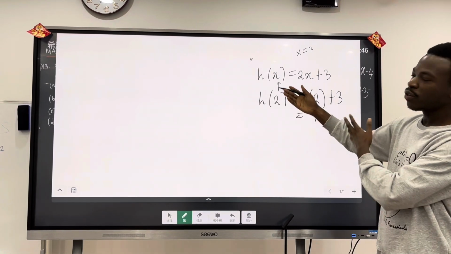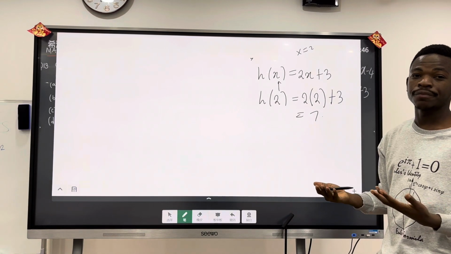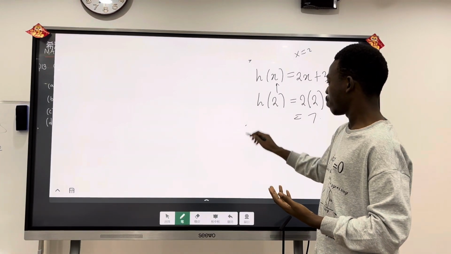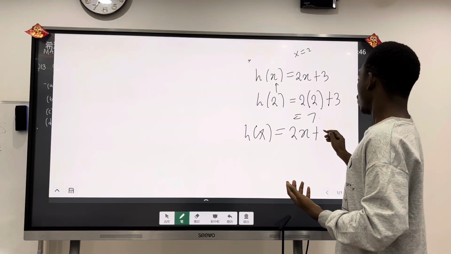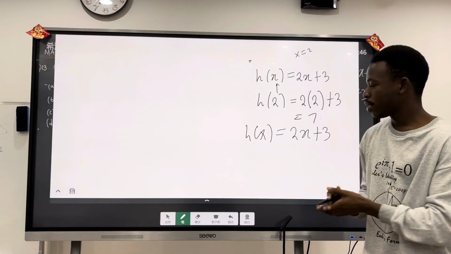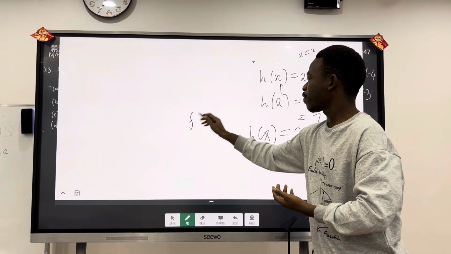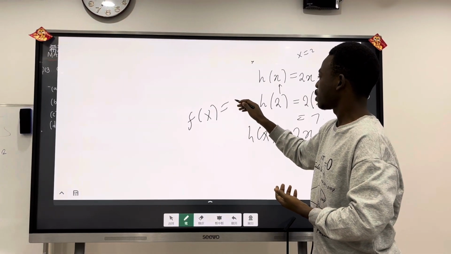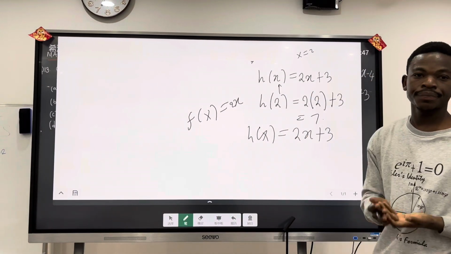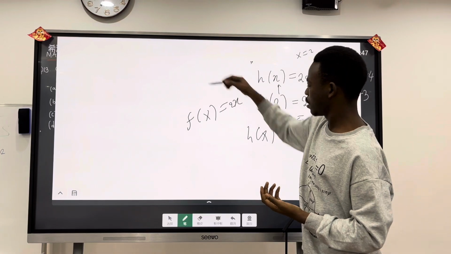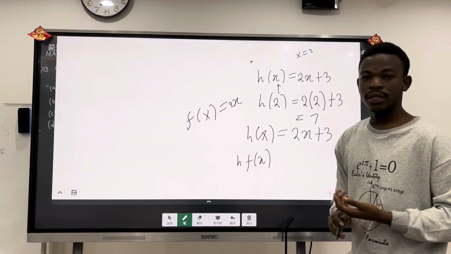So if I have h of -1, you know what to do. Where there's x, we're going to put -1. Now what if the whole function is to be substituted there? Let's say h of x is 2x, and you have a function f of x, and I ask you to find h of f of x.